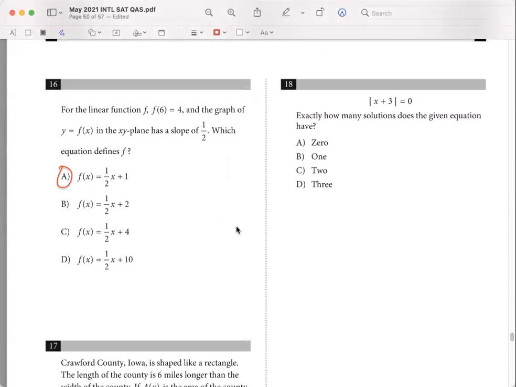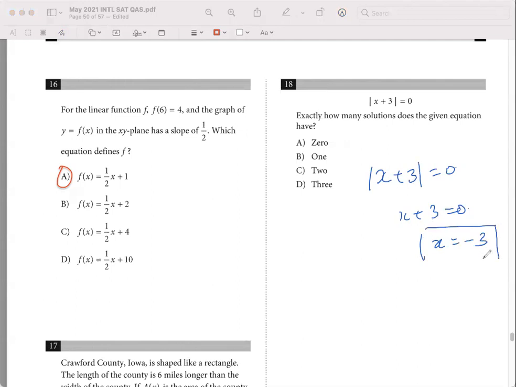Okay, number 18. Exactly how many solutions does the given equation have? So in an absolute value equation, when you have 0 on the right hand side, it can only be one solution, right? Because modulus of x plus 3 equal to 0 means that x plus 3 has to be 0. That's the only possibility.